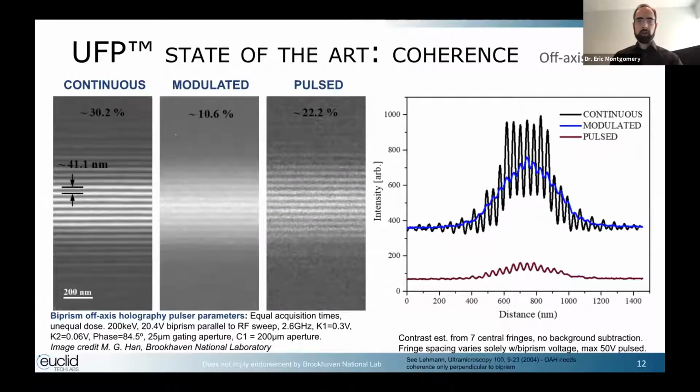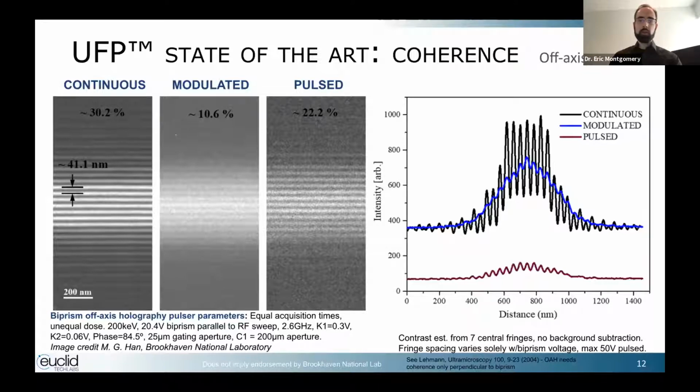You can also get coherence using off-axis holography. This work was done also at Brookhaven by M.G. Han. And the continuous image shows the microscope operating with the RF off, no change. The modulated image shows sweeping that beam, but not aperturing it, not gating that beam at the chopping aperture. So you have the same number of electrons between the continuous and modulated beams, but you can see by sweeping the beam, you do get a much larger background.